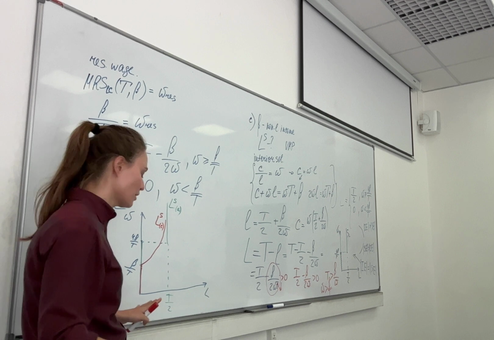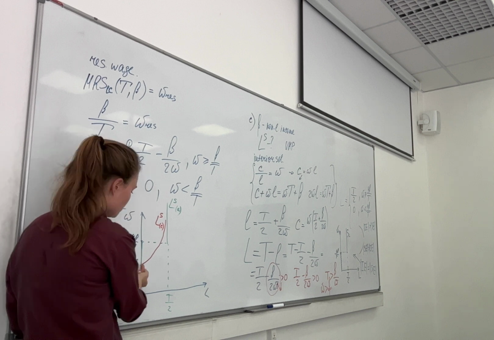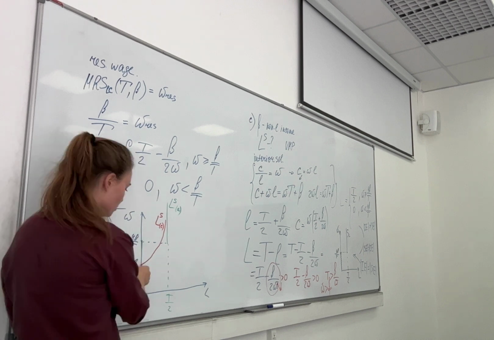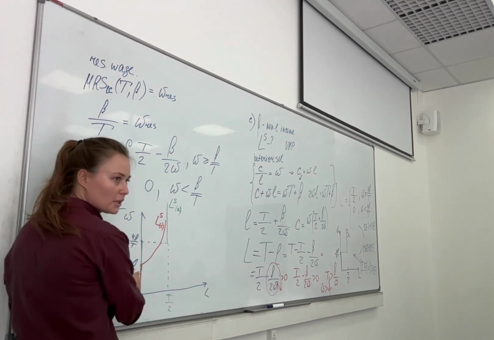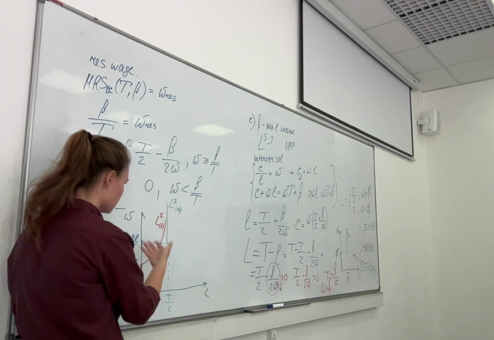That's why when the wage increases a little bit, we will increase our labor supply a little bit, because before we had this non-labor income, and now we also have the same non-labor income.